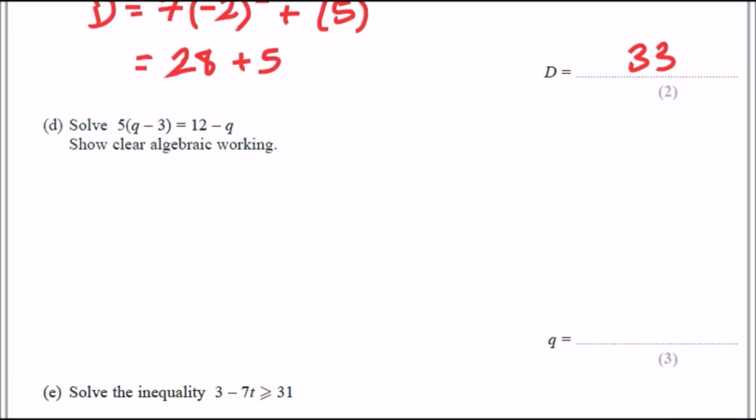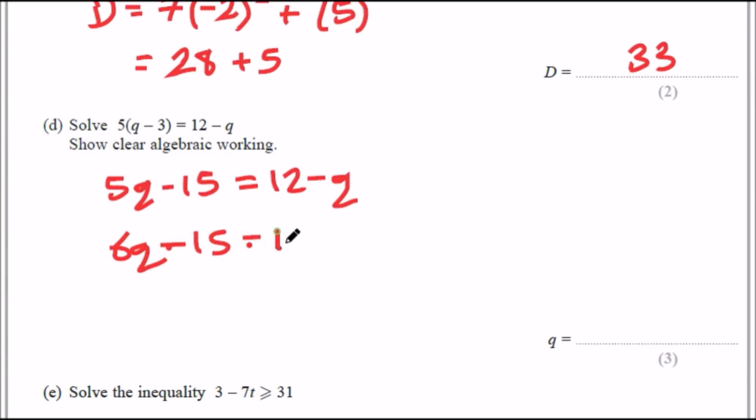Alright, D, solve this equation. Show clear algebraic working. So you can't just smash this in your calculator, guys. So to solve this, firstly expand the first set of brackets so you get 5q minus 15, and copy the rest. Now, what we do is add q, so this negativity disappears. So adding q will give us 6q here. We just copy the rest. Now adding 15 across to get rid of negative 15, we're going to be left with 6q equals 12 plus 17, which is 27.